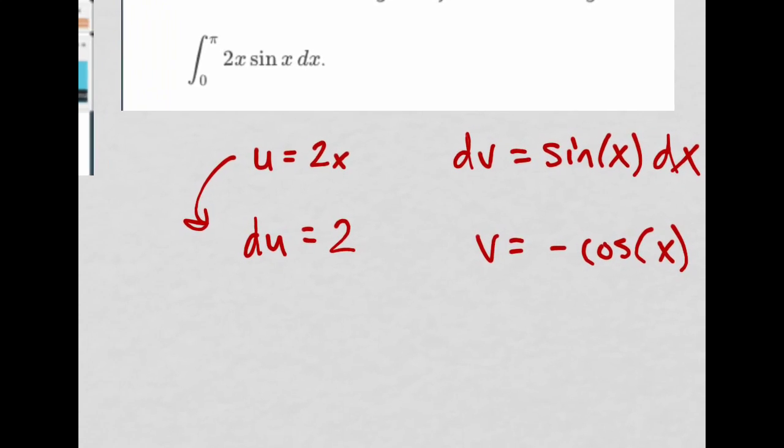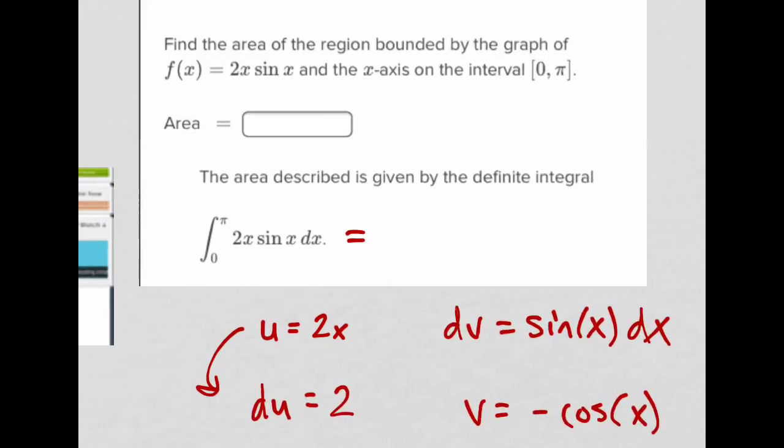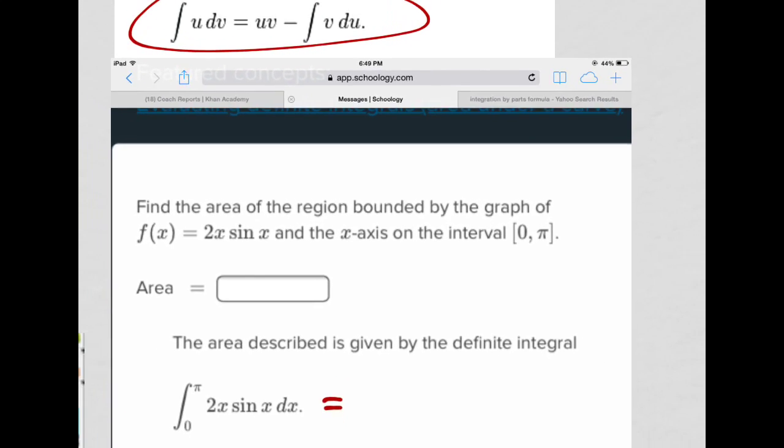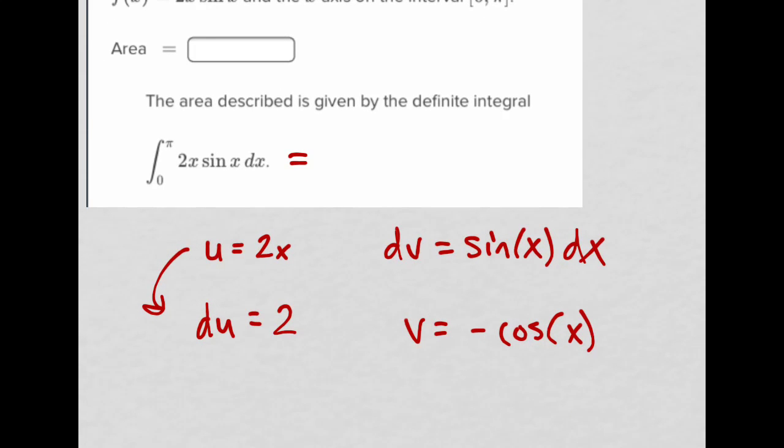Now I can use my integration by parts formula. So this integral, which is u dv, is going to be equal to, and we're going to do it without limits of integration, u times v, that would be 2x times negative cosine of x.